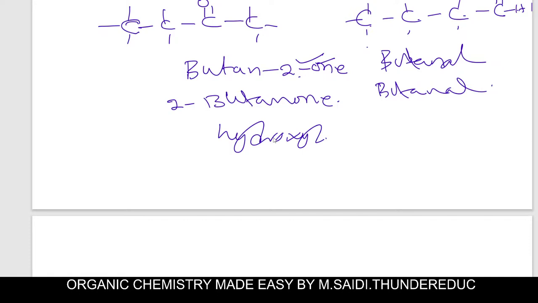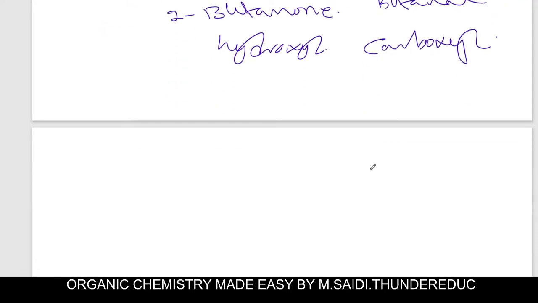Carboxylic acid is carboxyl. Yes, it's a carboxyl group. So that's the functional group. Many students confuse the homologous series and the functional group. Please don't confuse those two because they are different.